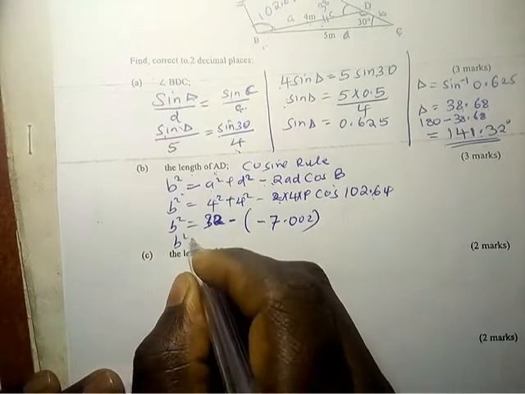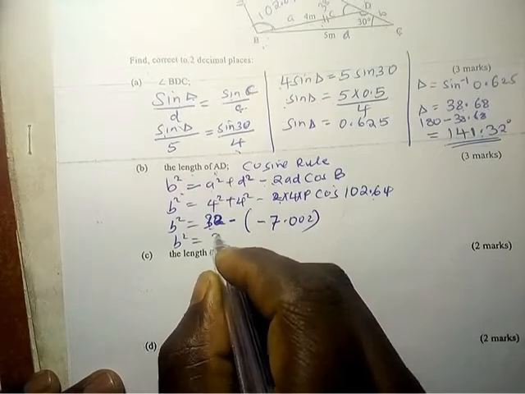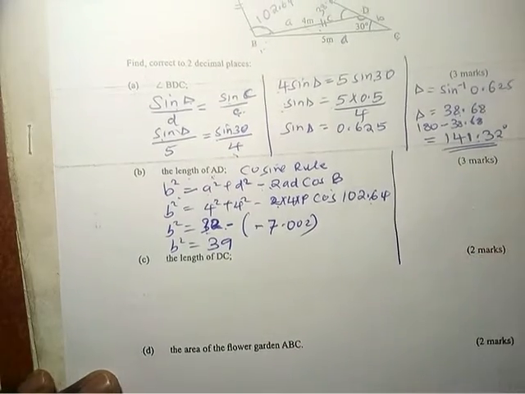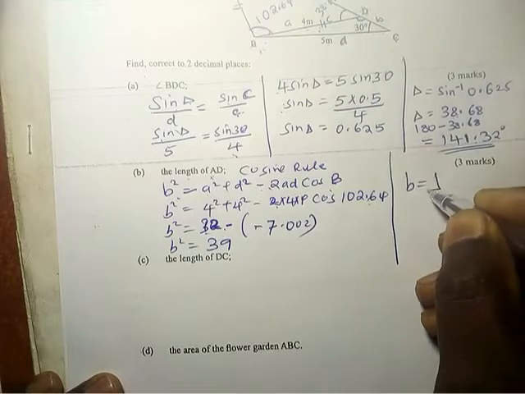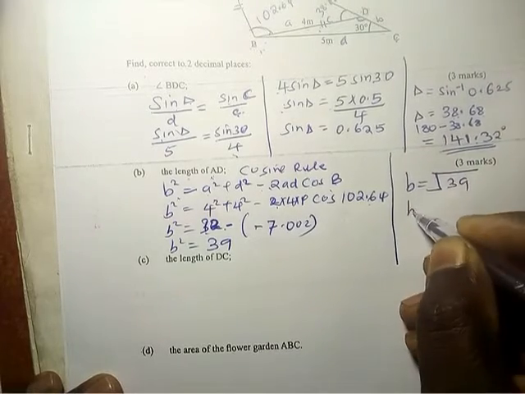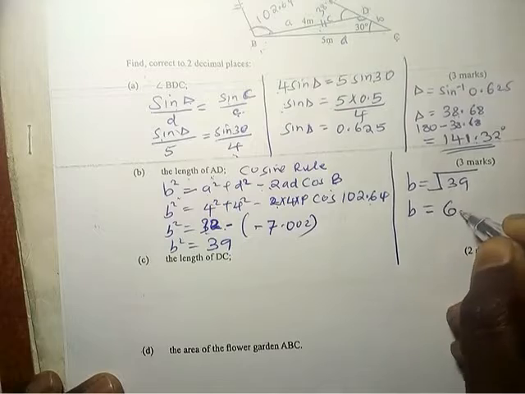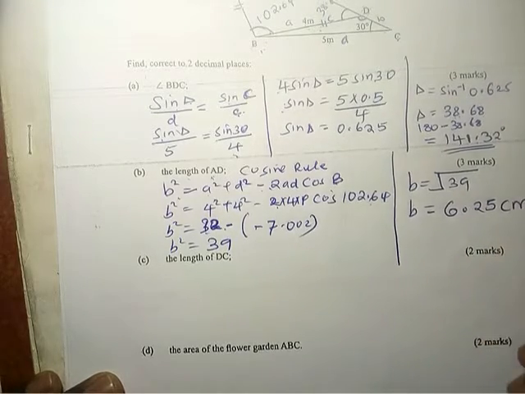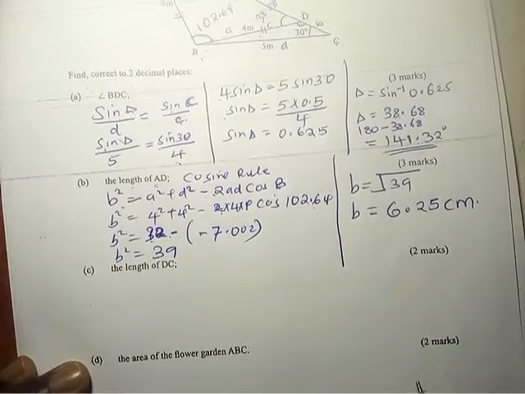So B square is equal to, this plus this is going to be 39. Negative plus negative is equal to 39. So B equals the square root of 39. And then B is going to give us 6.25 to 2 decimal places.